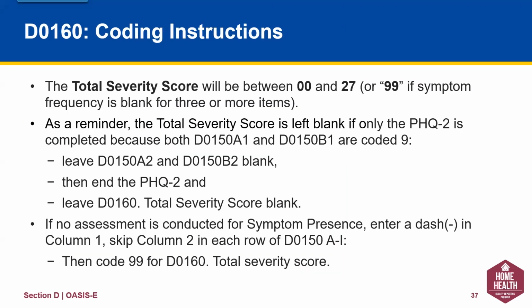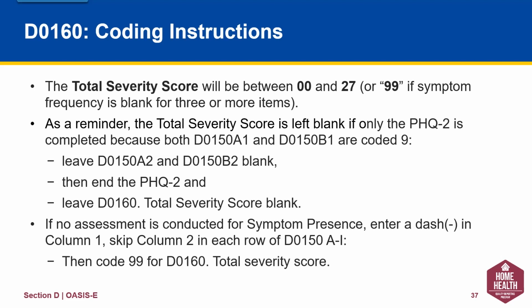The total severity score will be between 00 and 27, or 99 if the symptom frequency is blank for 3 or more items. And as a reminder, the total severity score is left blank if only the PHQ-2 is completed because both D0150A1 and B1 were coded 9.